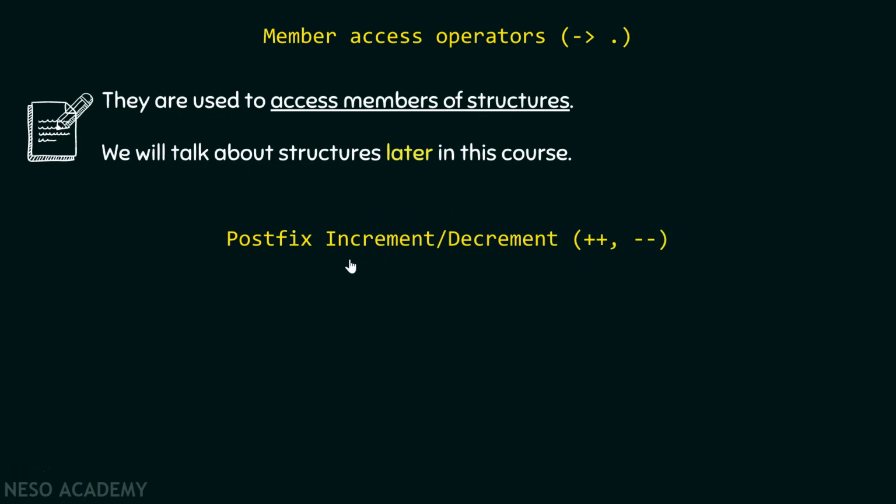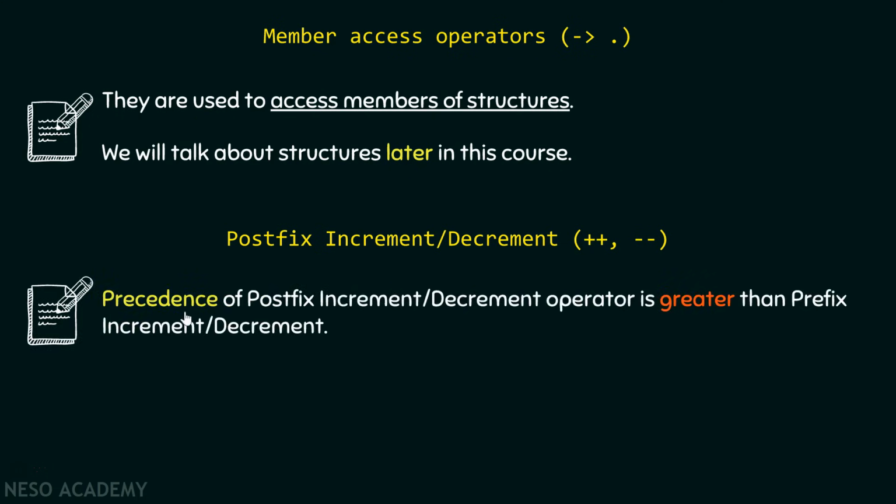Then we have postfix increment and decrement operators, plus plus and minus minus. If you remember, immediately after these member access operators, we have postfix increment and decrement operators. One important point that we need to know related to these is that the precedence of postfix increment or decrement operator is greater than prefix increment or decrement operator.